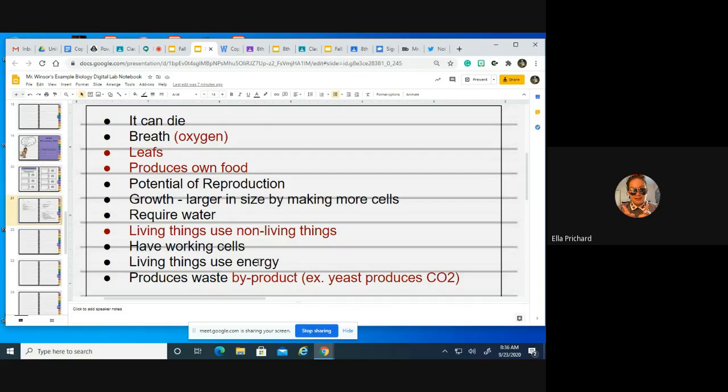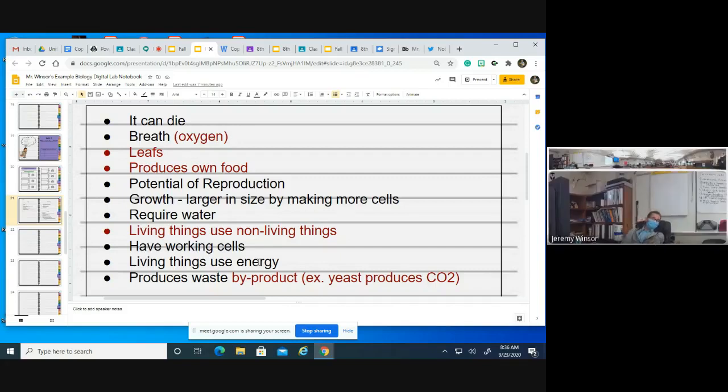Yes. Okay, so is there anybody else right now that's saying, based on our model that we've developed, I still think that a virus is a living thing? Okay, it looks like we have a consensus. It looks like we are saying that viruses are non-living. Okay, let's add that to our notes.